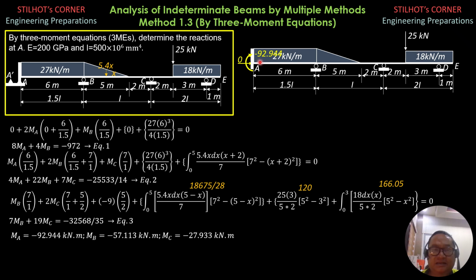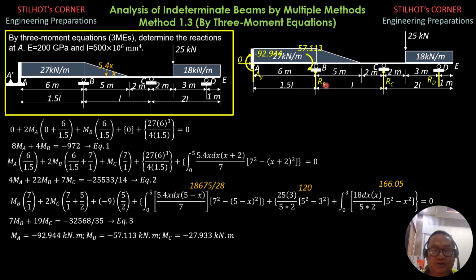So AX is 0. This is the moment that they positive clockwise, but because it is negative, it is supposed to be counterclockwise. But I treat that as clockwise, but the sign is taken. MB is negative, so positive moment at B is counterclockwise. Remember the smiley face. But because this is negative, it is clockwise as shown.